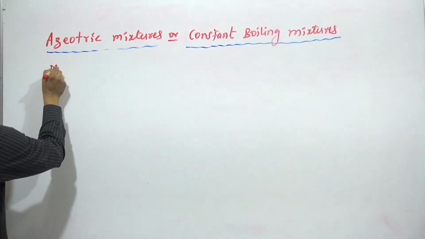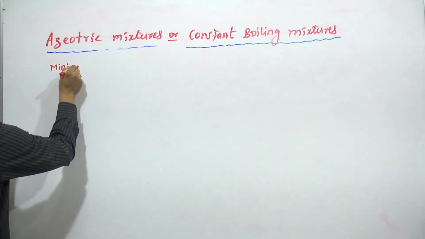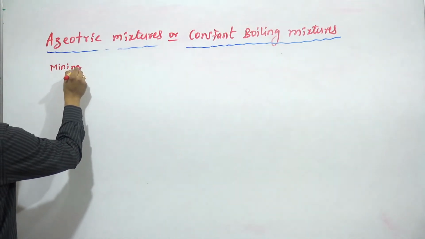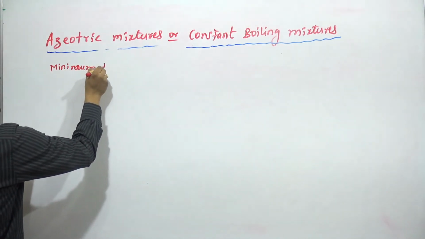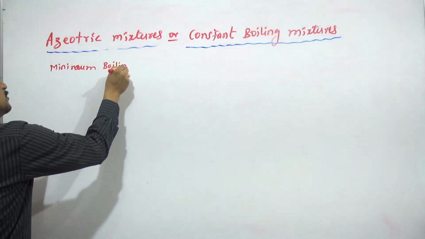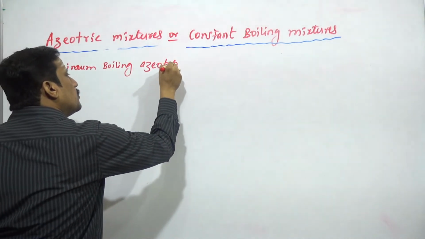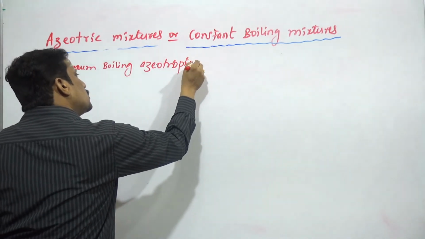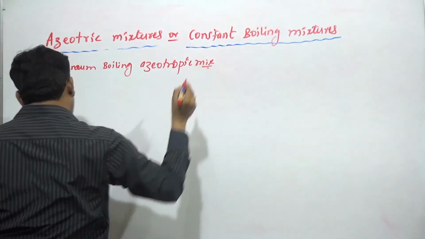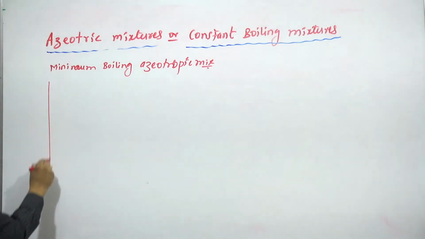Now I'm writing for minimum boiling azeotropic mixtures. The graph is like this.